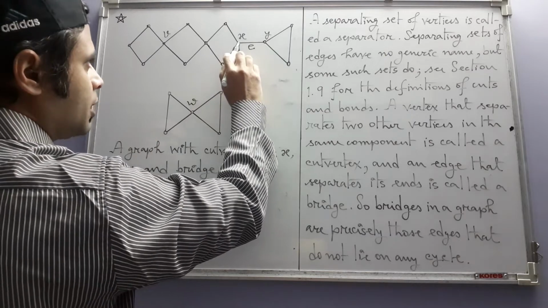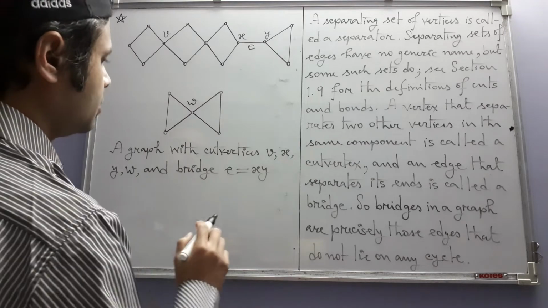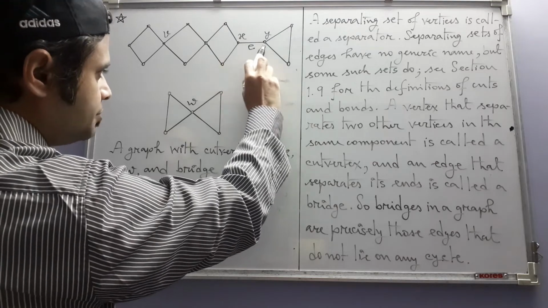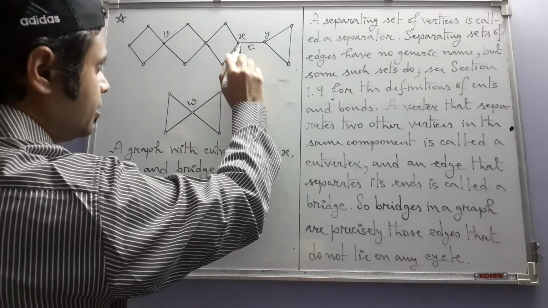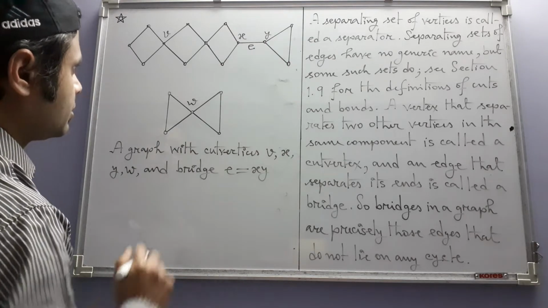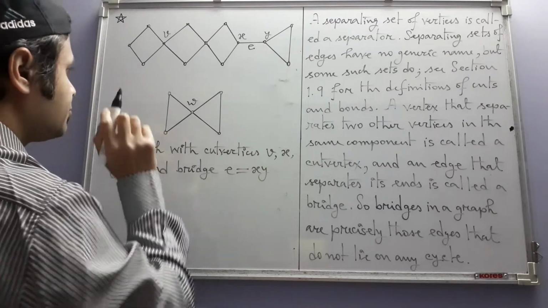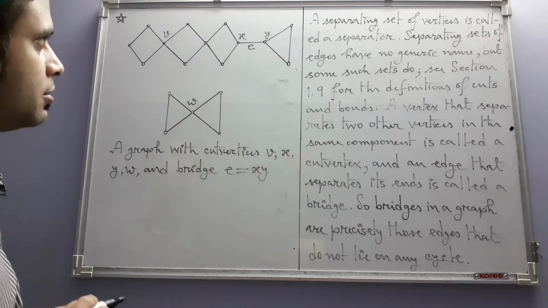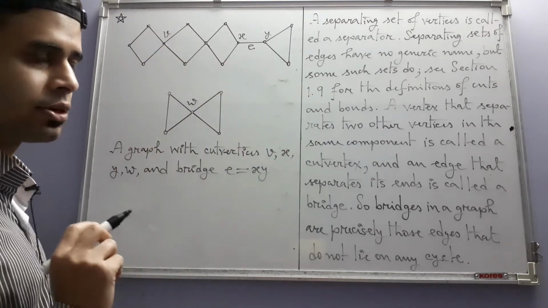So similarly, removal of X or Y or W will increase the number of components. So these are all cut vertices, and if we remove the edge E, then also the number of components increases, and its ends, which are X and Y, are separated. Note that none of the other vertices in this graph is a cut vertex. For example, if you remove this one, then the number of components does not increase.